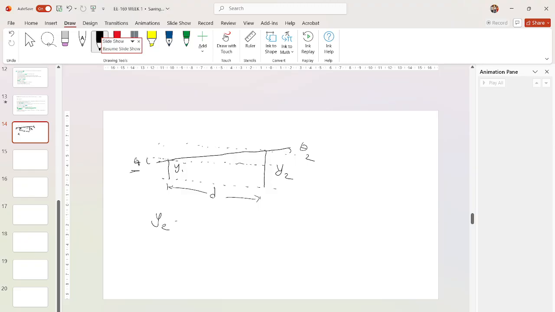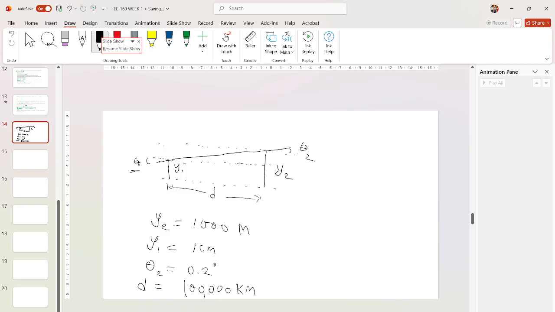Suppose y2 is something like 1000 meter, then y1 you have 1 centimeter, theta 2 you have 0.2 degree, and d you have 1,10,000, not 1 lakh, just kilometer.